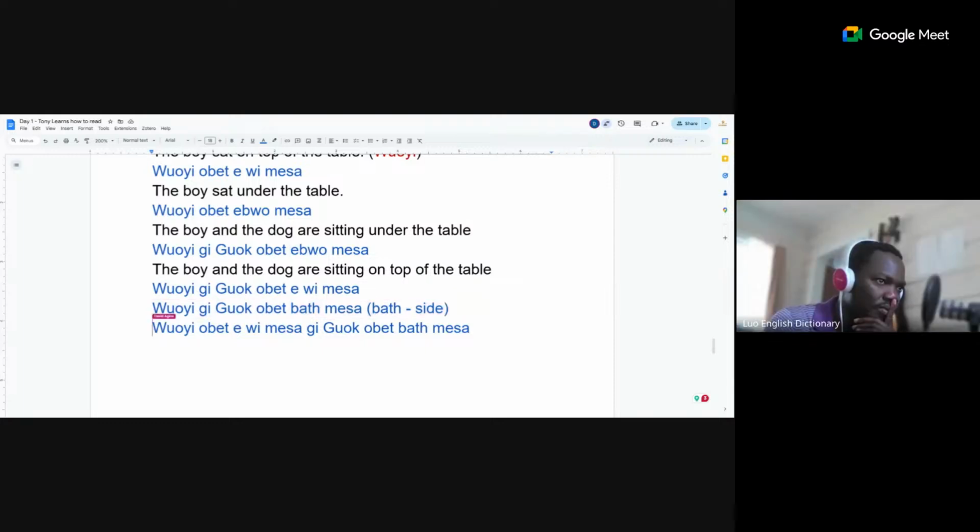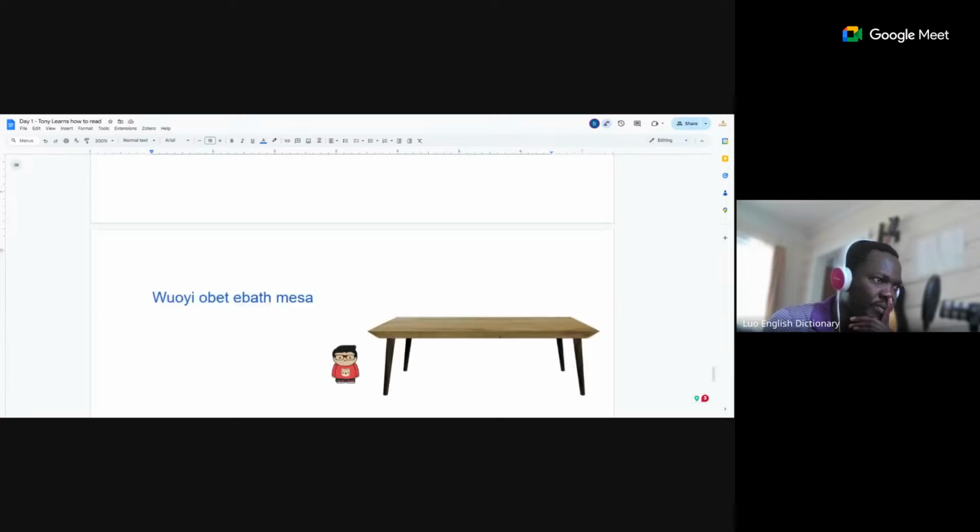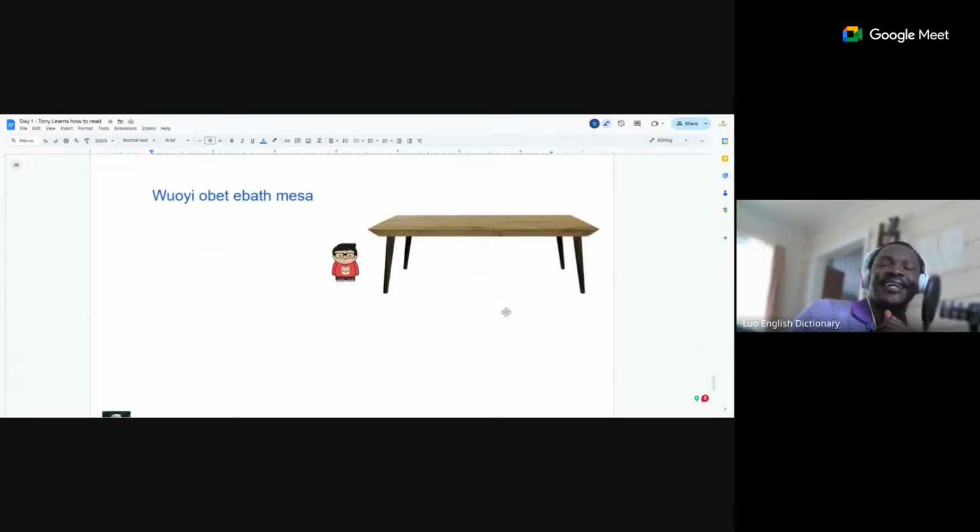The boy is sitting on top of the table and the dog is sitting on the side of the table. Woi obet we mesa gi guok obet Beth Mesa. That's good, and that's it for the day.